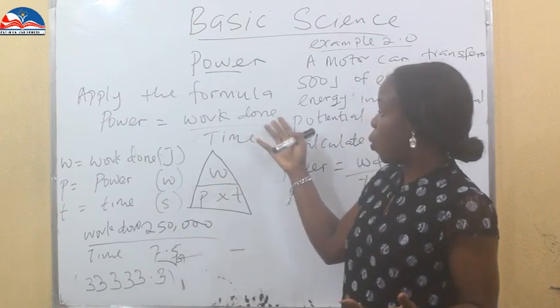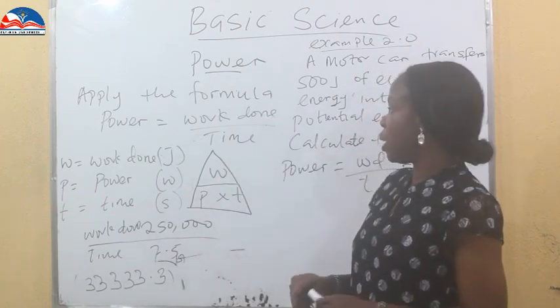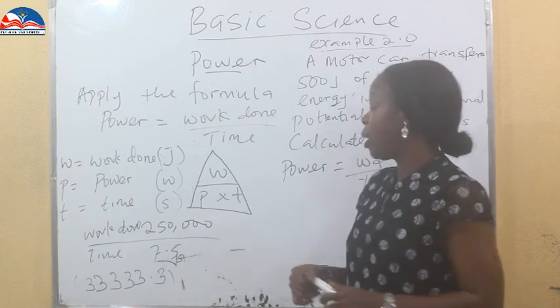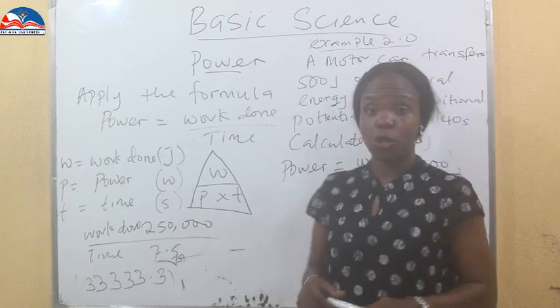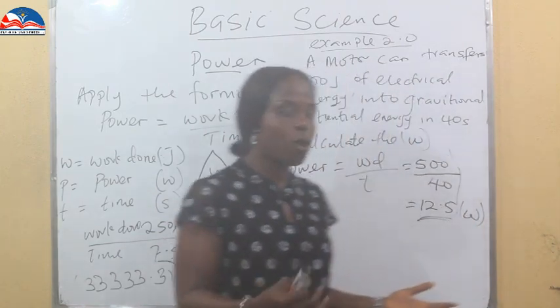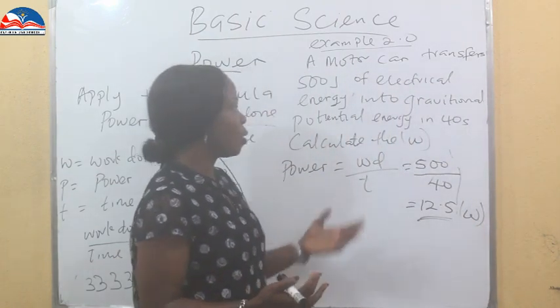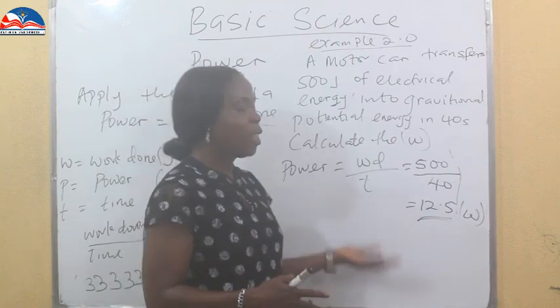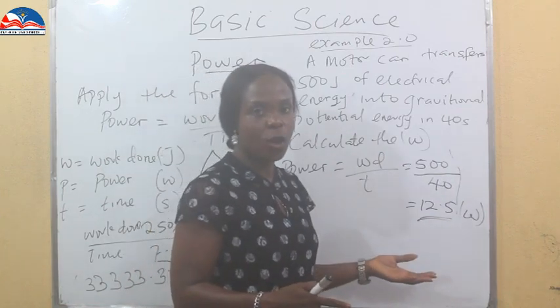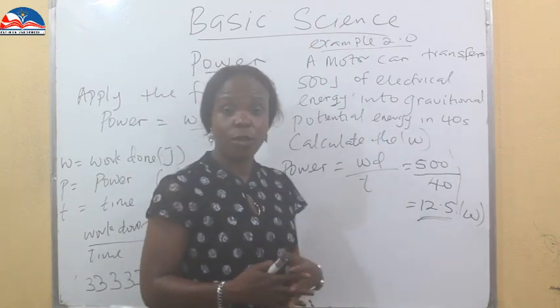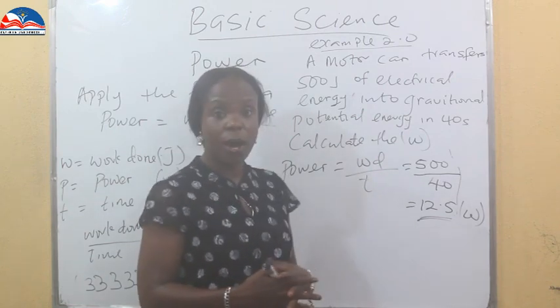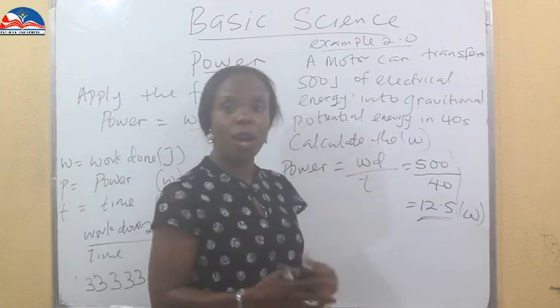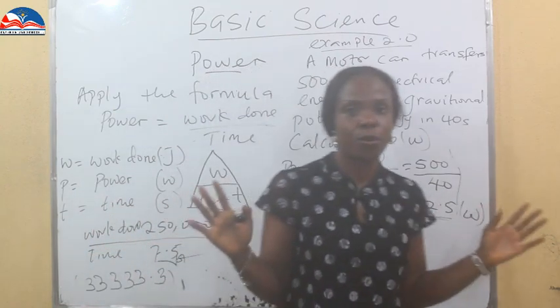The power is measured in watts. The time is measured in seconds. You just come to the question. The work done is 500 joule. The seconds it takes to accomplish that is 40 seconds. Divide it and have your power in watts, which is 12.5 watts. It's as simple as that.